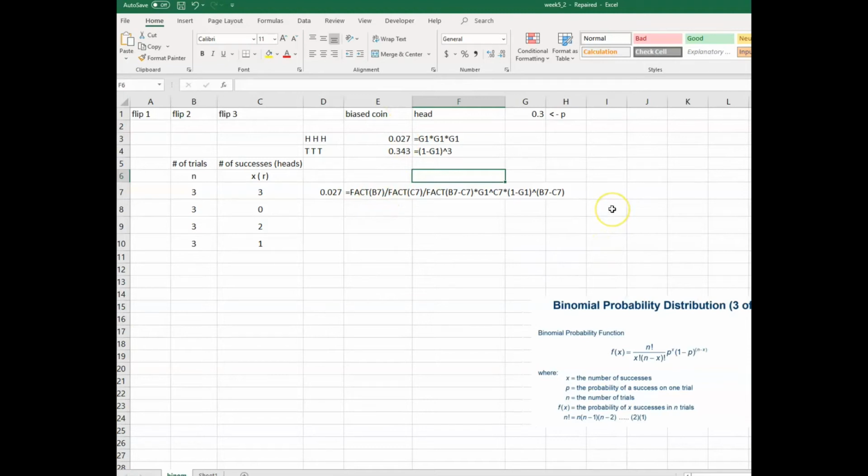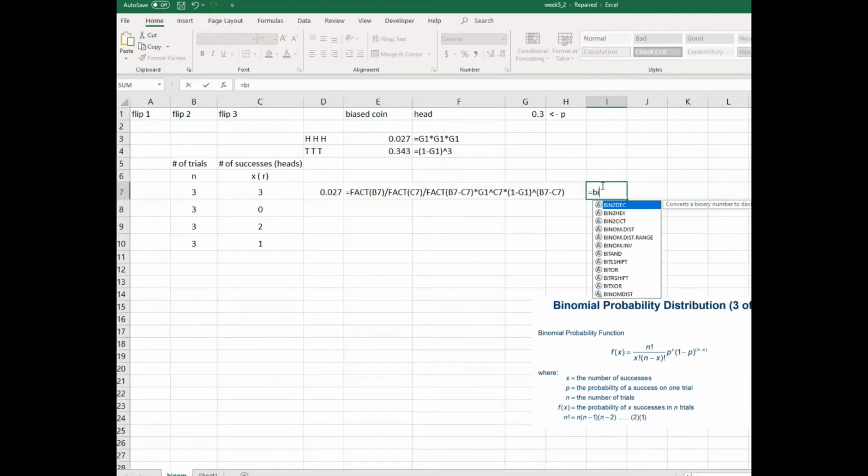Actually, we have a much easier method to calculate. This is the binomial distribution: BINOM.DIST. The first input is how many successes, comma.